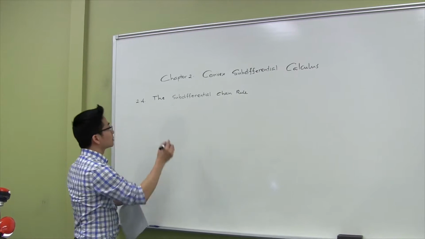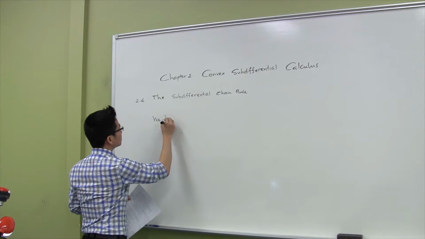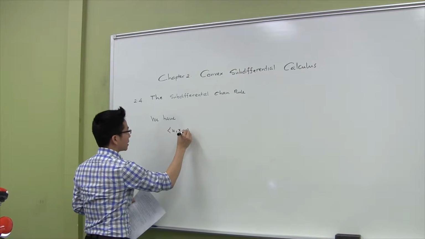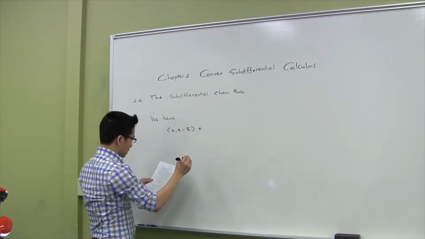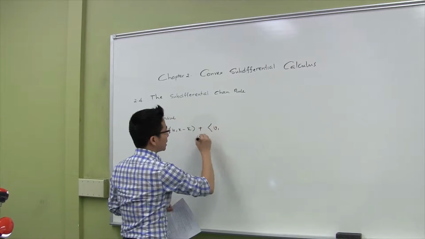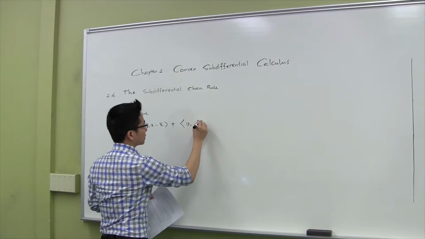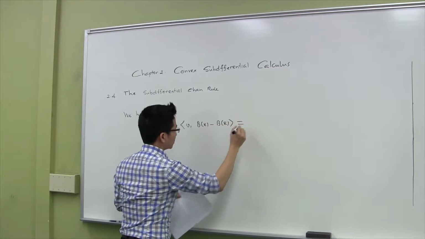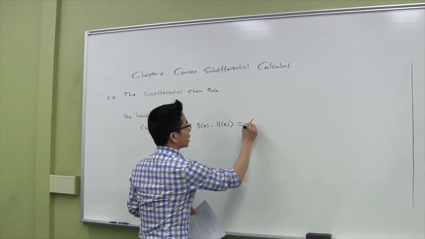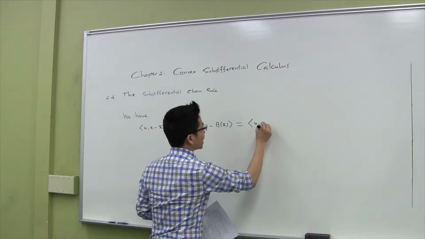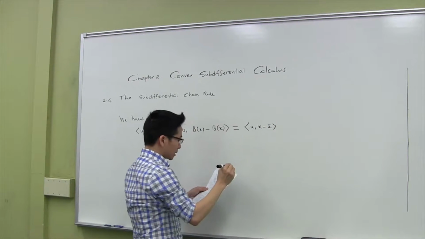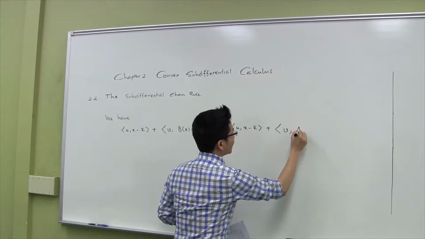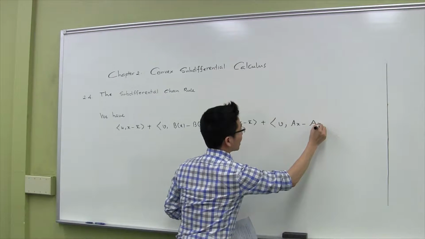Now we have the following. The inner product of u and x minus x bar plus the inner product of v and B x minus B x bar is equal to the inner product of u and x minus x bar plus the inner product of v and Ax minus A x bar.